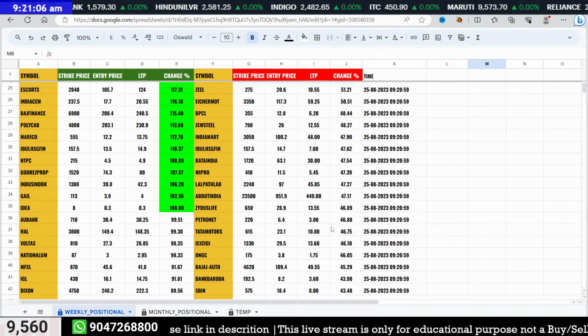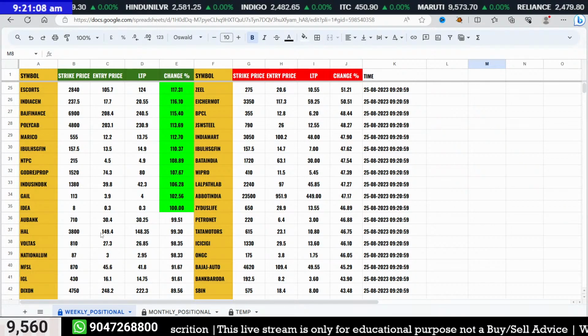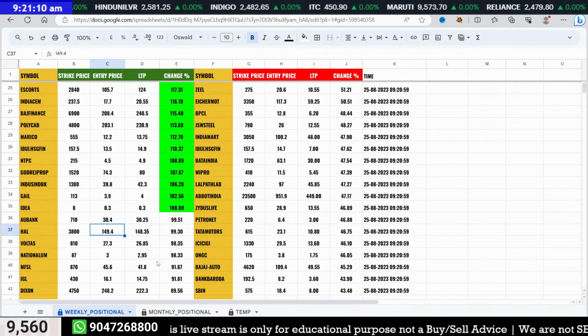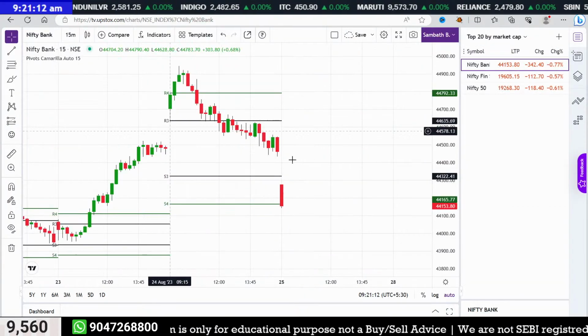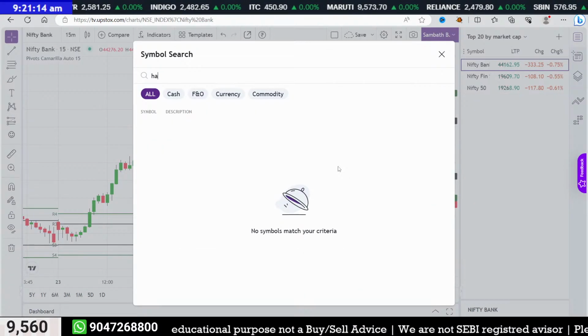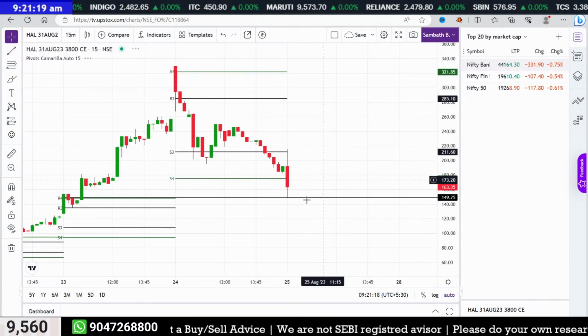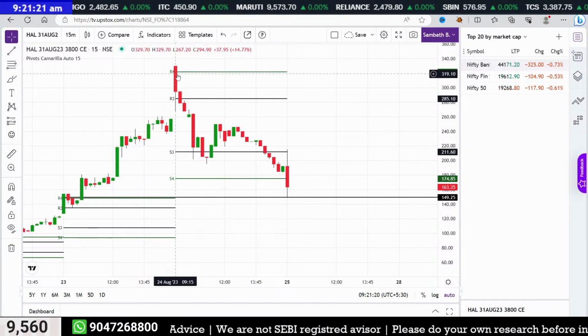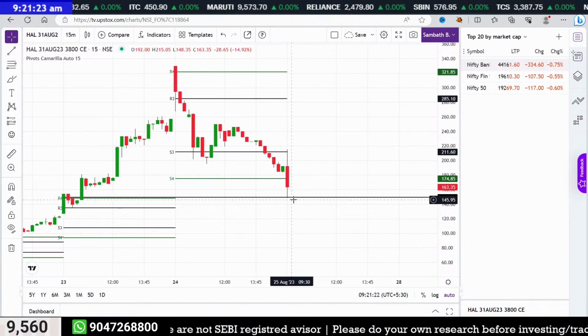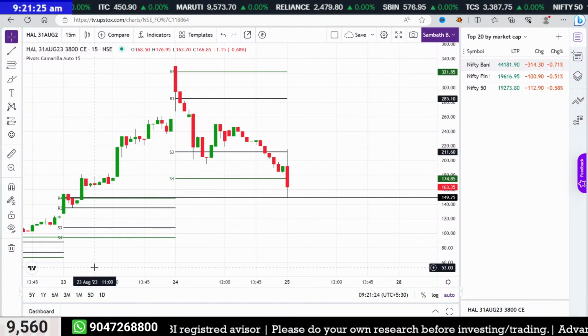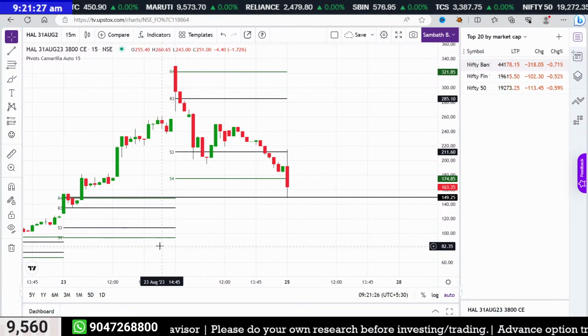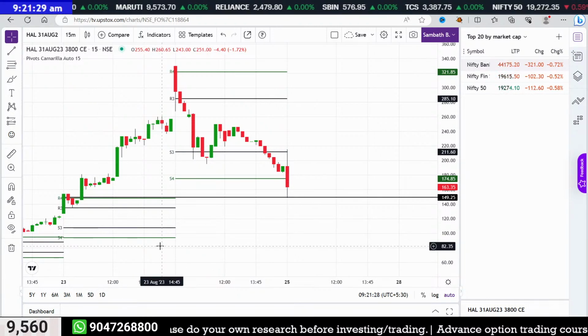Maybe AU Bank, HAL. HAL already moved well, and now it has returned back. So 3800, I think, it went higher, and now it is lower. Almost 294, 329, now it is exactly reaching that same point. Meanwhile, it already moved and reached the peak.